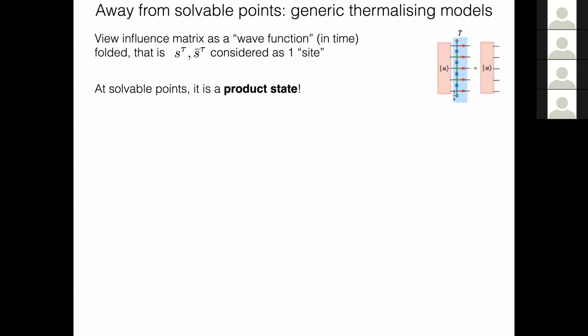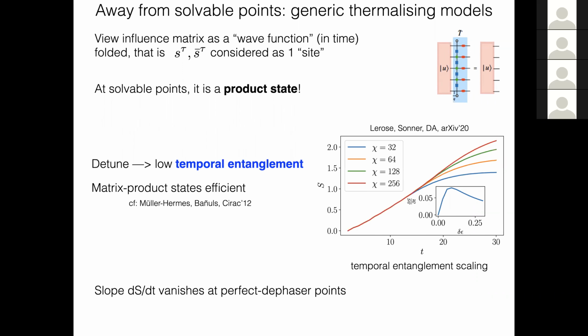That means it has very low temporal entanglement. By temporal entanglement, I mean exactly viewing the influence functional as a wave function and then cutting it somewhere along the evolution. This also tells us that as we detune from such solvable points, things should remain relatively simple, because entanglement should be continuous, and the relatively low amount of entanglement in the vicinity of perfect dephaser points should stay.